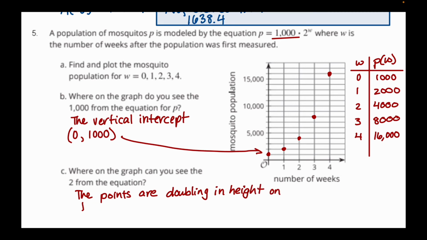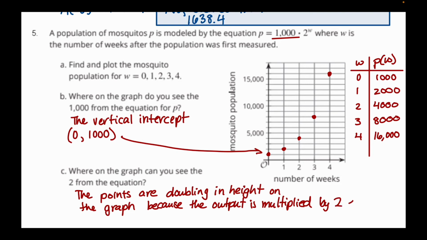On the graph, because the output is multiplied by 2 each time.